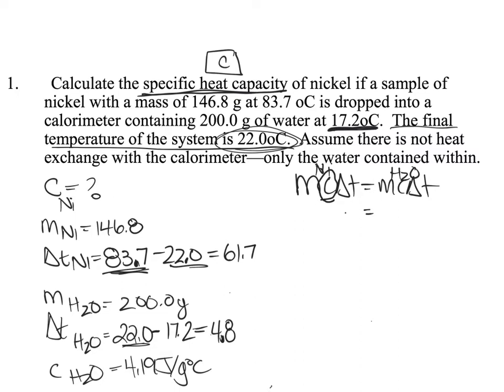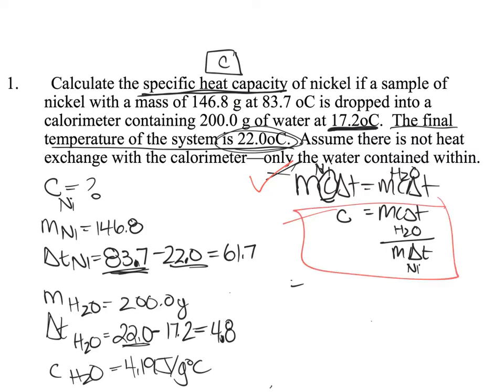So that means that we manipulate the formula so that we have the MC delta T of the water divided by the M and delta T of the nickel. Okay, I want to see the actual manipulated formula, and then you can stick the stuff in. So make sure that you put the right mass in the right place.